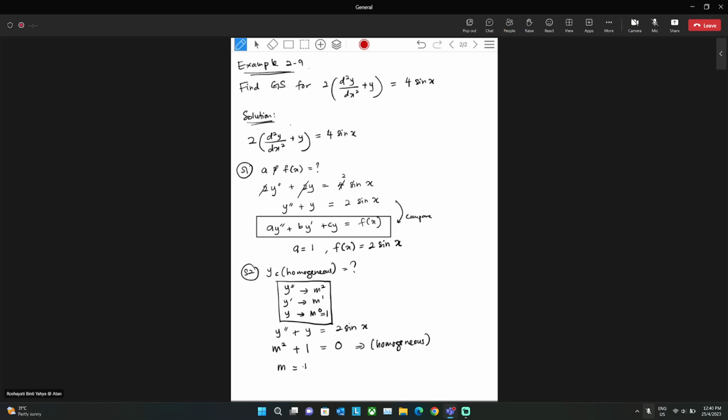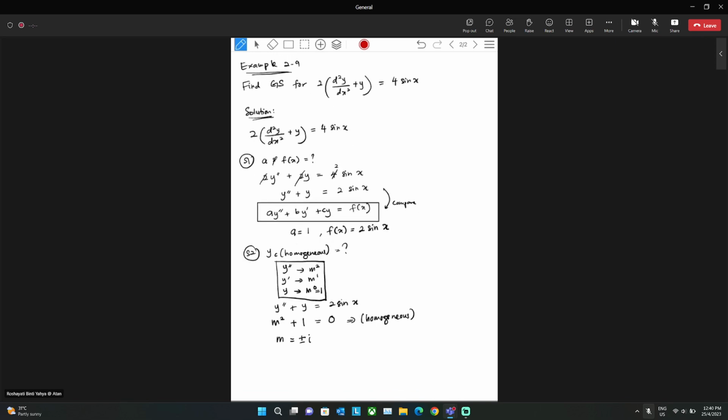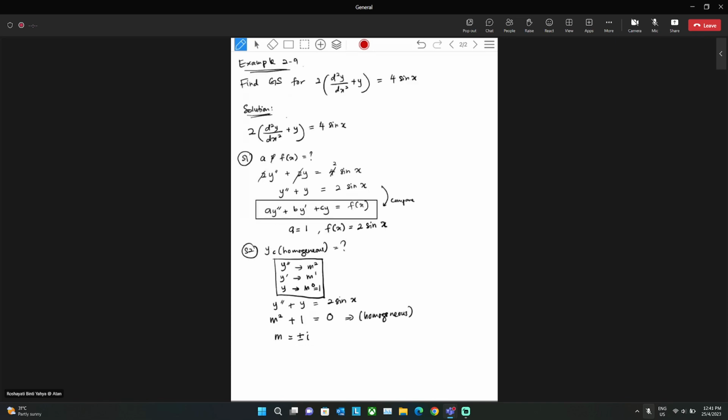So when it is plus minus i, refer to the table. Which case is this? So this is case 3, which is m equal to alpha plus minus beta i.